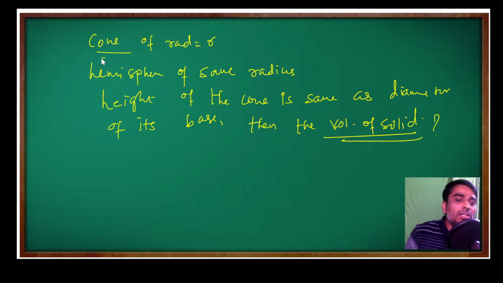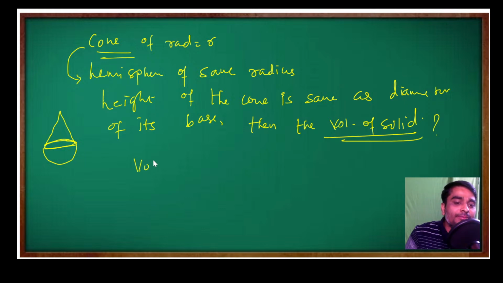See, cone is surmounted by hemisphere. A solid is of the form cone of radius r, surmounted on a hemisphere. That means you have a figure like this. This is the hemisphere and the cone is surmounted on it. Like this the figure is. Now what will be the formula? First let's write the volume of cone formula.